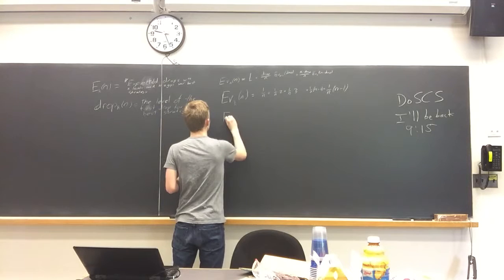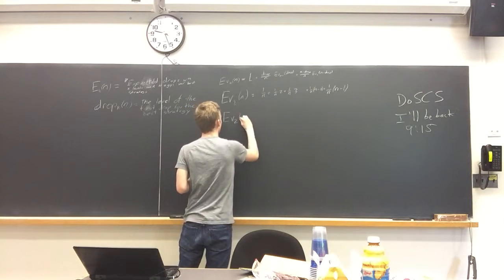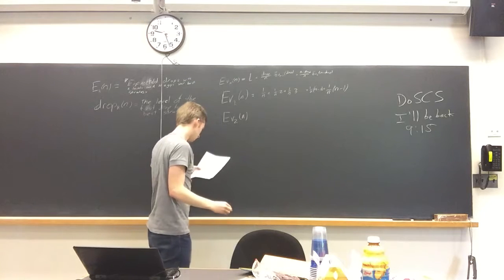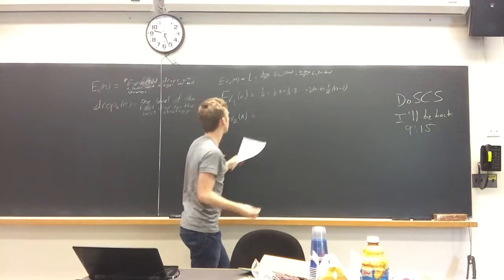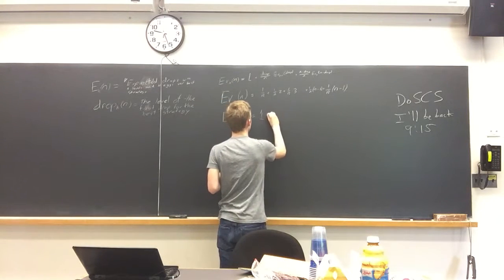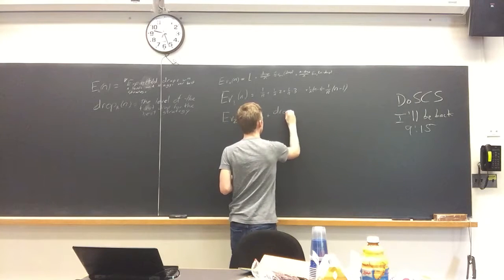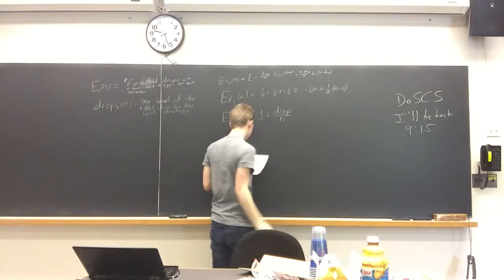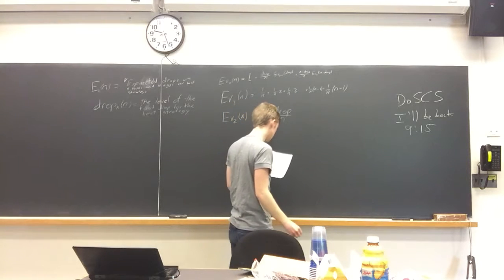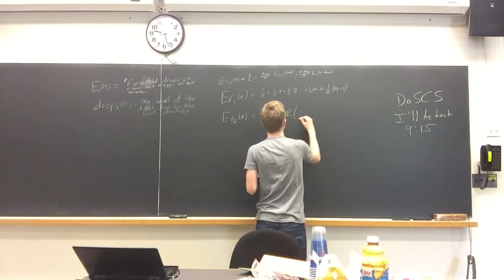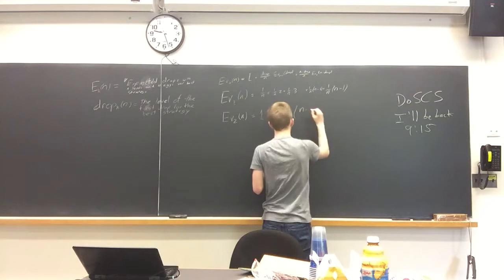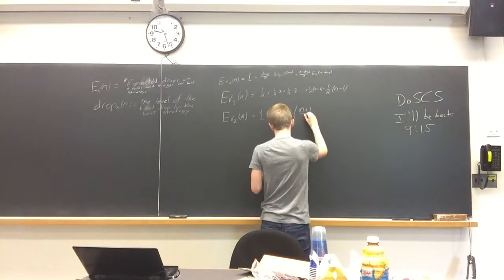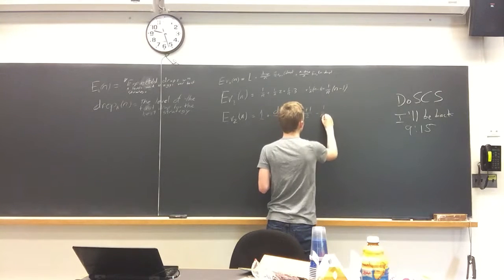So then, with this explicit formula for EV1 of n, we can define EV2 of n recursively. EV2 of n becomes a bit more complicated, but it's going to equal drop 1 first, plus drop over n times n plus 1 over 2 minus 1 over n.